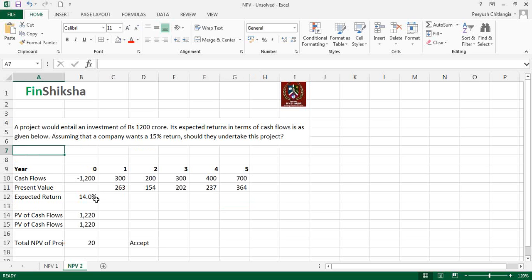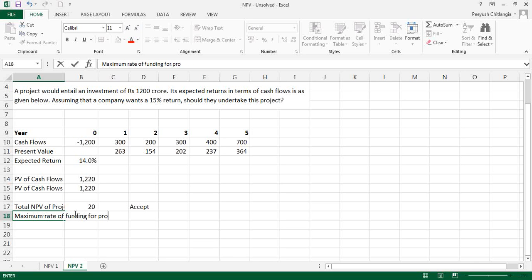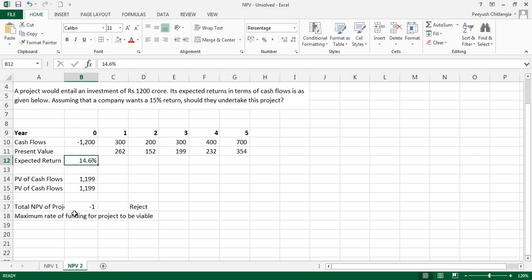So that maximum rate of funding for the project to be viable is what we have to find. There must be some rate here. If I change this to 14.6%, it rejects, and if I change this to 14.5%, it accepts. So between 14.5 and 14.6, somewhere this number has to come in.